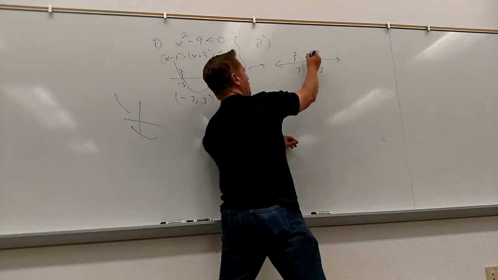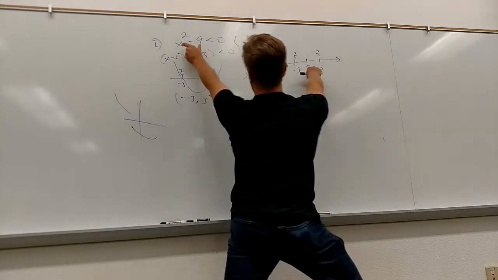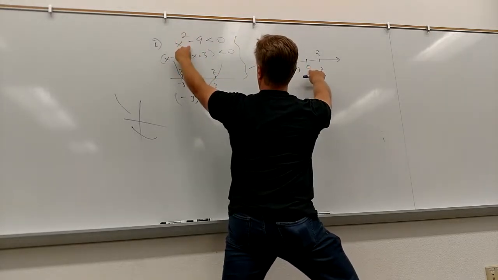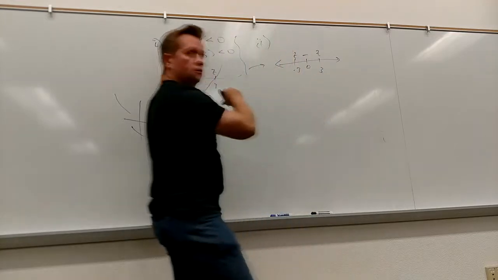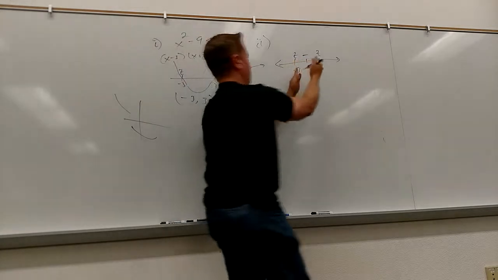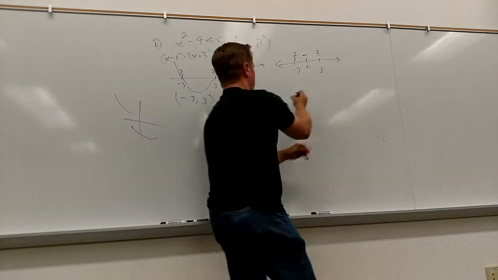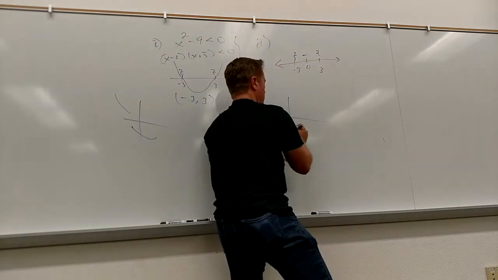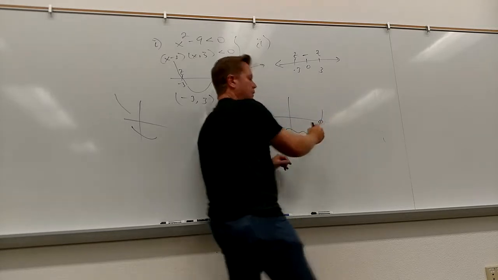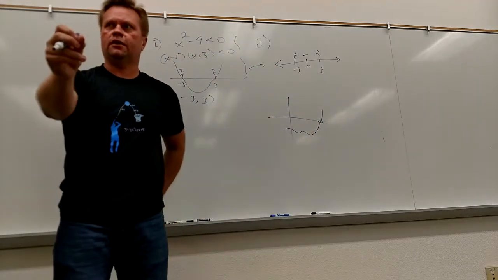So if I look at 0, what's the value of this? Negative. You guys with me? That's negative at 0. So it's going to be negative from here to here. If I'm negative, the only way I can become positive is if I go through the x-axis. And that means there would have to be an intercept there.